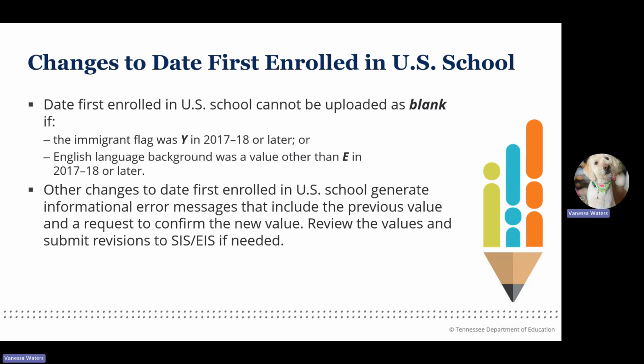Other date changes, such as first enrolling in a U.S. school, generate informational error messages that include the previous value and request to confirm the new value. Review the values and submit revisions to EIS or SIS if needed.